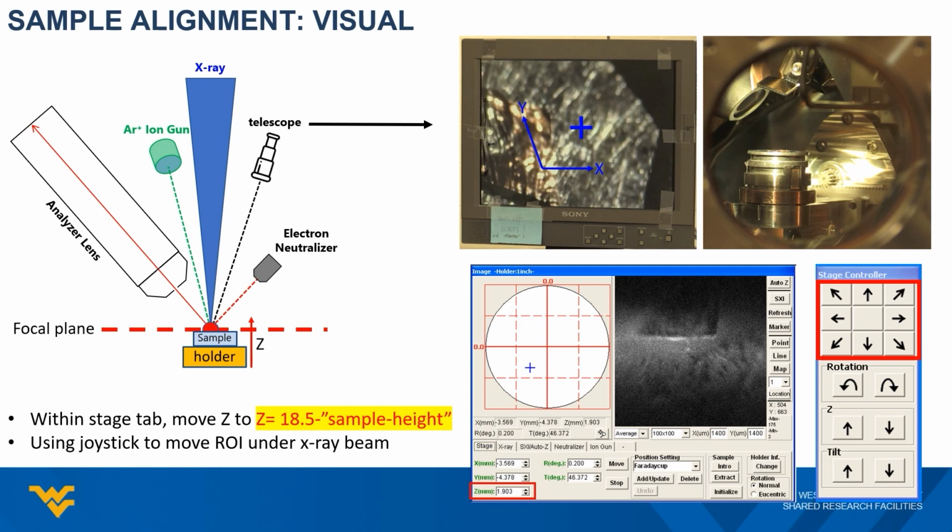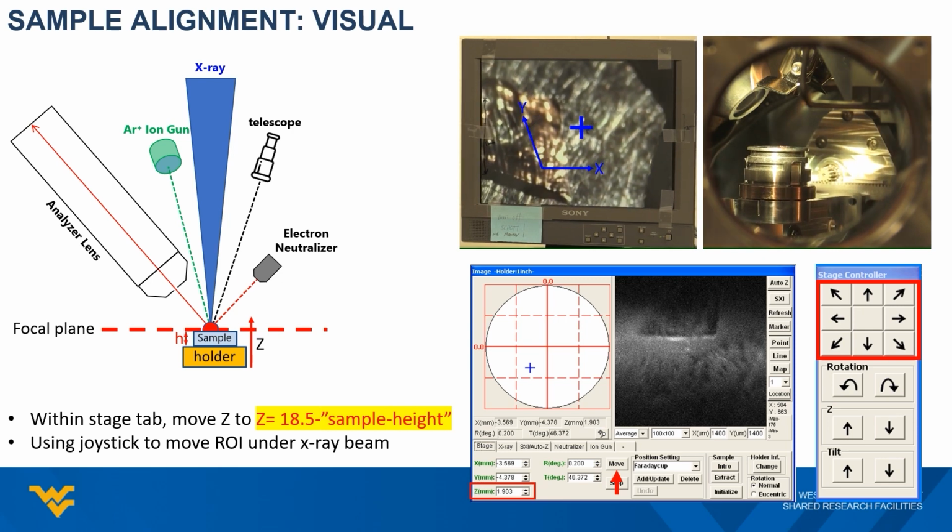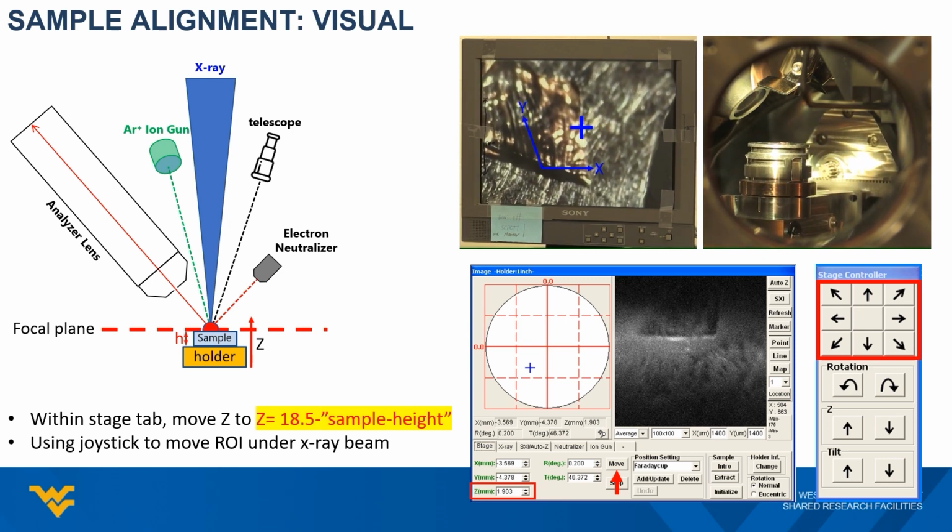For powder sample with negligible thickness, we could just set the sample height to be 0 and type 18.5 millimeter in this Z position box. Then click the Move button. So this will move the sample to that plane very close to the ideal focal plane.